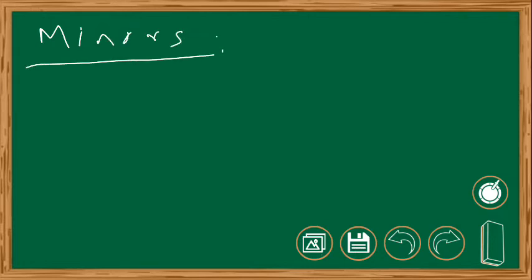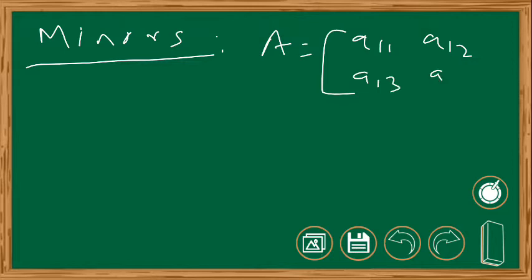Suppose I have a matrix A, it is having A11, A12, A13, and I repeat, it is wrong, A21 and A22, right?